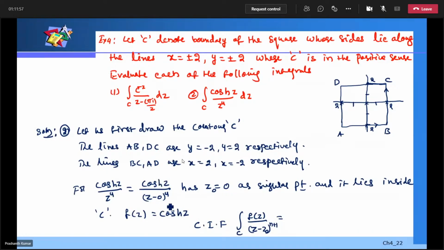Okay, the integral over C of f of z by z minus z naught whole to the power of n plus 1 is equal to 2 pi i by n factorial into the nth derivative of f at z naught, where n is equal to 1, 2, 3 and so on. So here our problem is like this one.